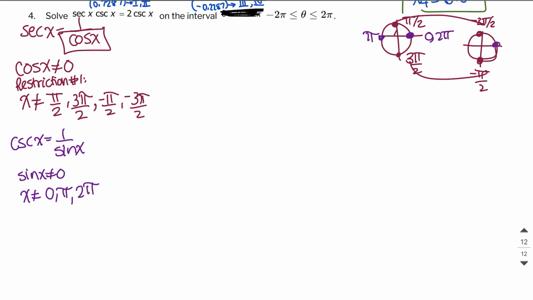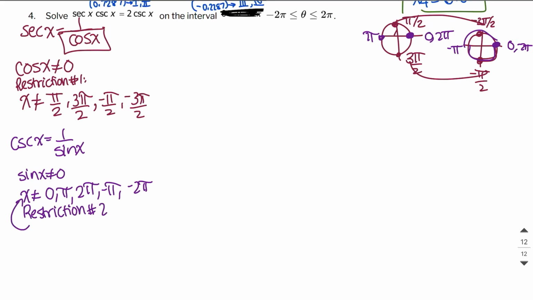But if I go backwards, it's also not possible at 0, at negative pi, and at negative 2 pi. So none of these answers are possible. Okay, cool. So this is restriction number 2.